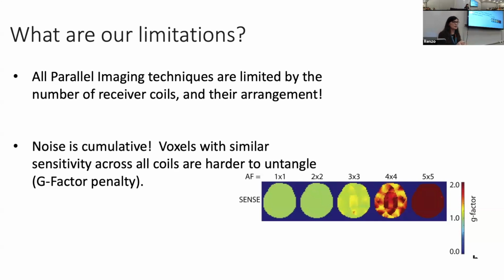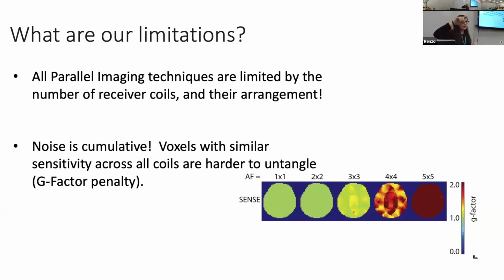But essentially what this is telling us is that we saw all of those sensitivity maps. There are some areas of the brain where those sensitivity maps basically all have similar values. Let's say you have a coil right on the top of the parietal on one side of your head, and you're trying to solve for a voxel that's right there, it's pretty easy because you know which coil is the best coil for it.